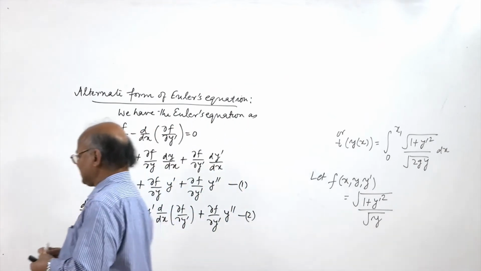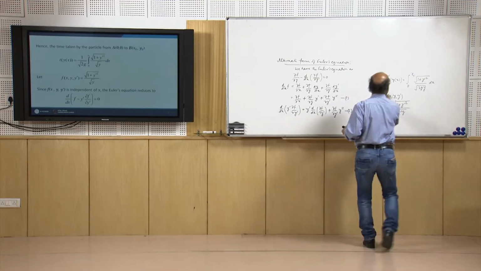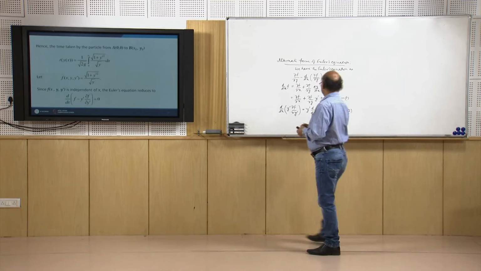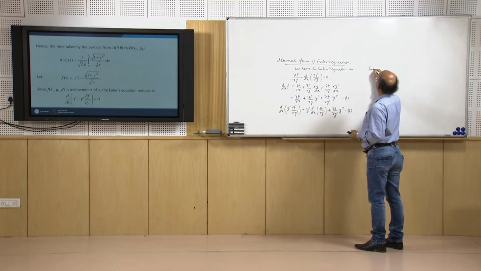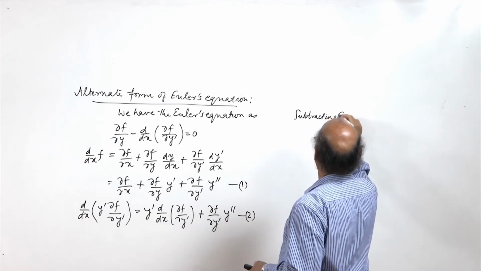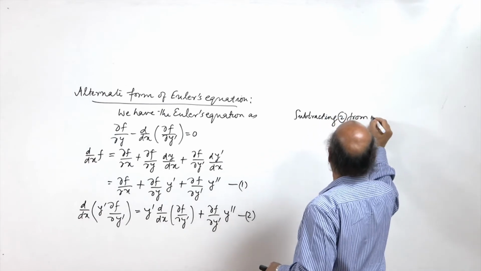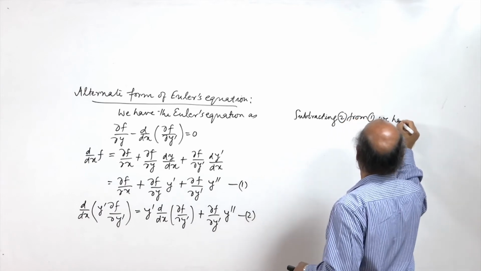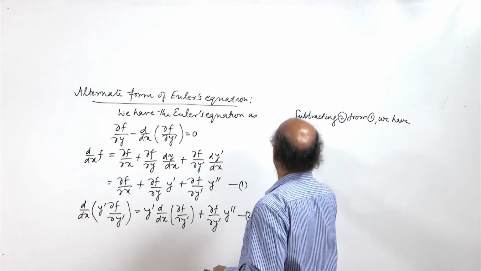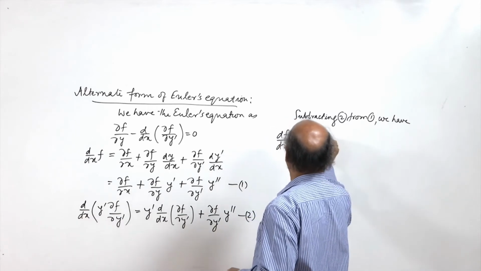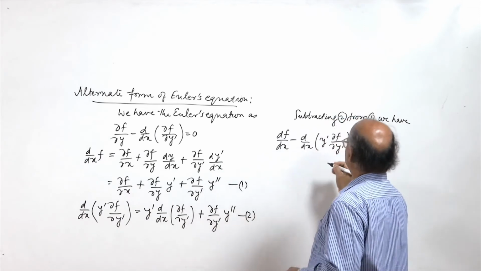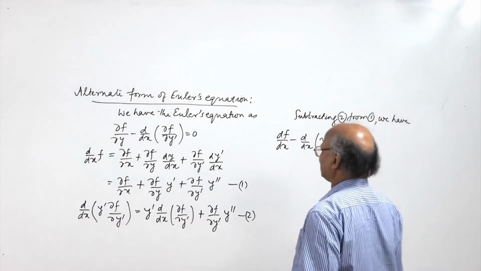So when you subtract equation 2 from 1, subtracting 2 from 1, we have df/dx minus d/dx of y' ∂f/∂y'.